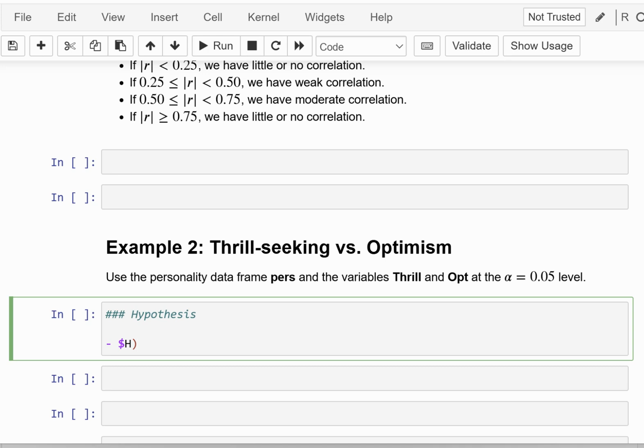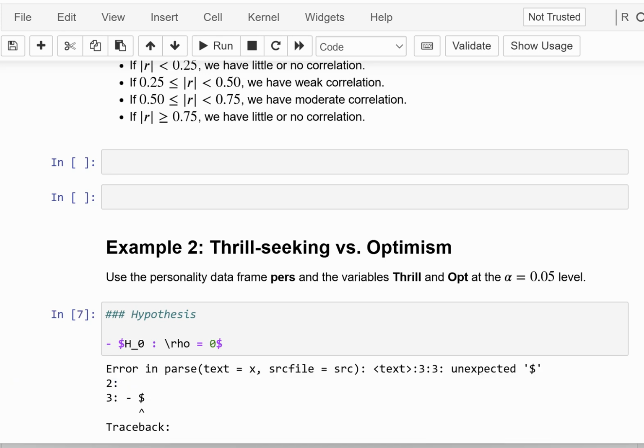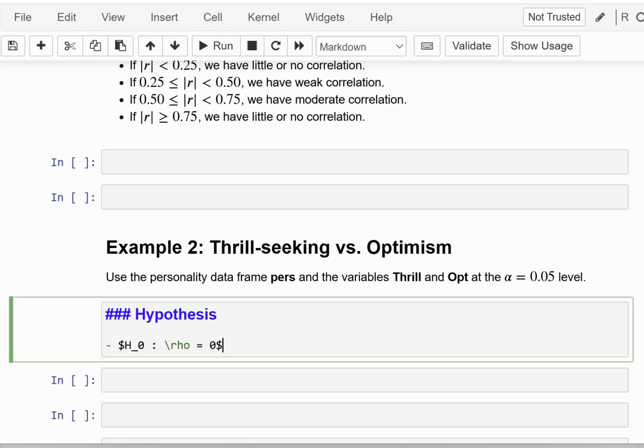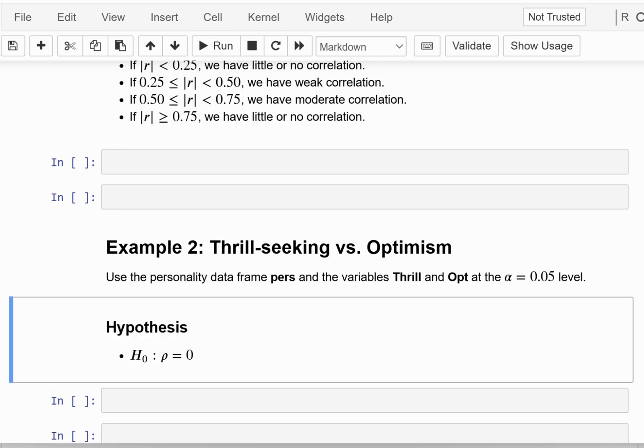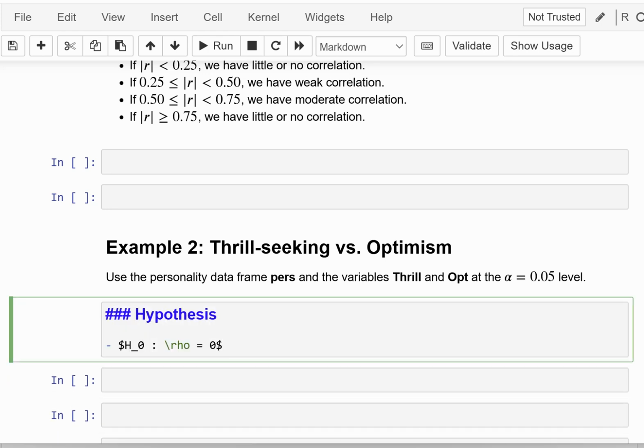H subscript 0 colon, and we're doing rho equals 0, backslash rho equals 0, and make that markdown. And you'll see that we get the symbols we want out of the $ mathematics.